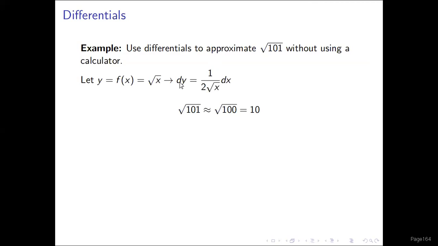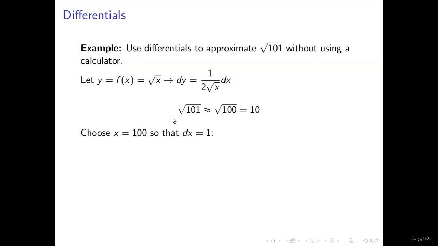Now, what's the square root of 101? We will approximate it. It's very close to the square root of 100, and we know that the square root of 100 is 10. Now, if we're going to use the square root of 100 to approximate the square root of 101, we want to know the error. And we can approximate the error using differentials.